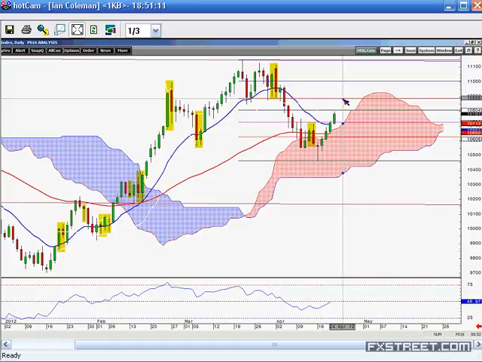But you've also got to remember that the yen is the funding currency. Okay, so they've got the lowest interest rates, so they have a tendency to move lower than the dollar.